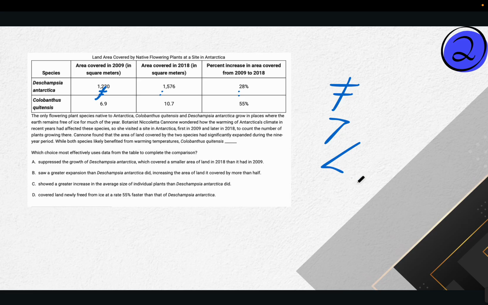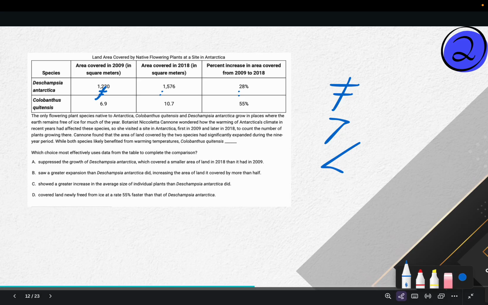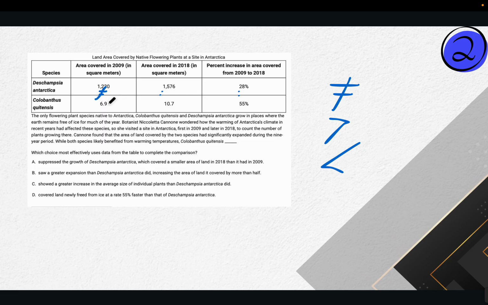Colobanthus quitensis is, on the other hand, okay guys, we can see that the area covered in 2009 is lesser than the Antarctica.